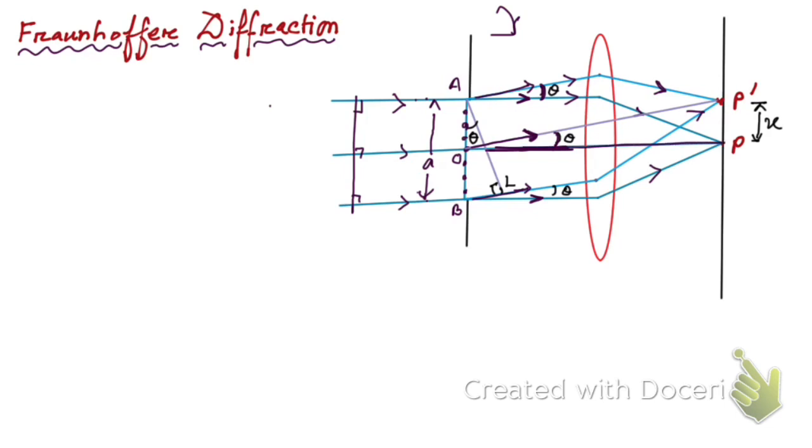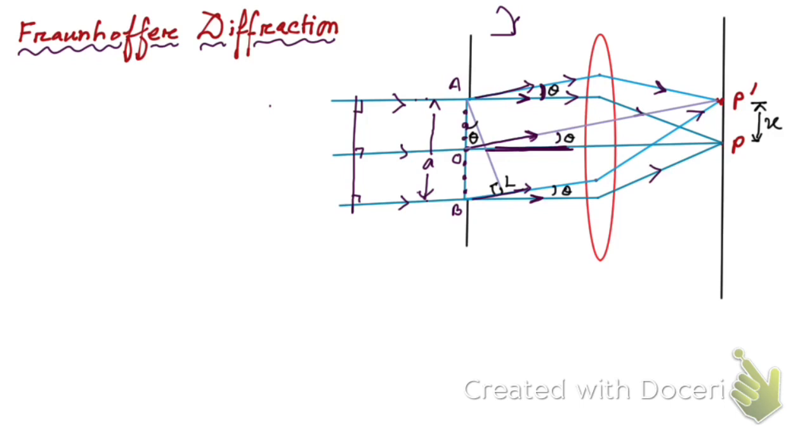Hope you have understood this. And whether this point P will be a maximum or minimum will depend on the path difference between these two lights originating from the points A and B. Okay, so hope you have understood this.